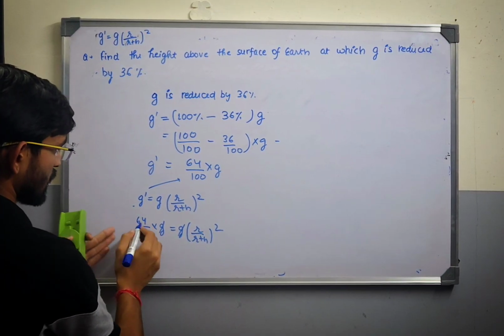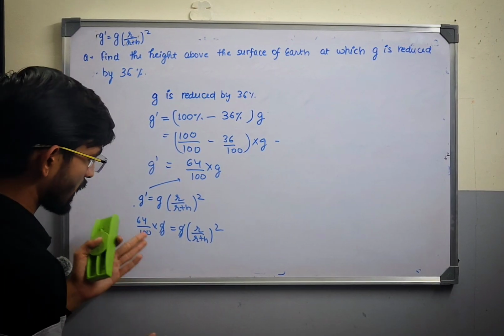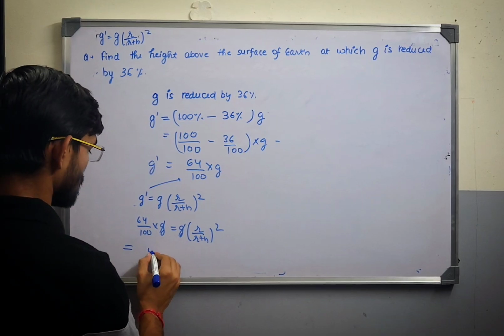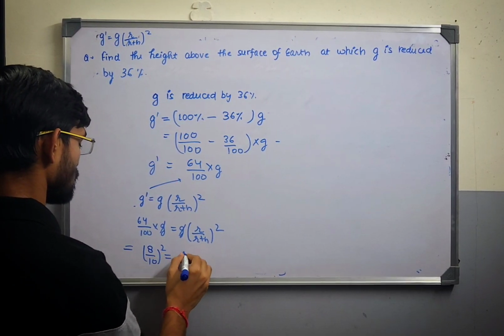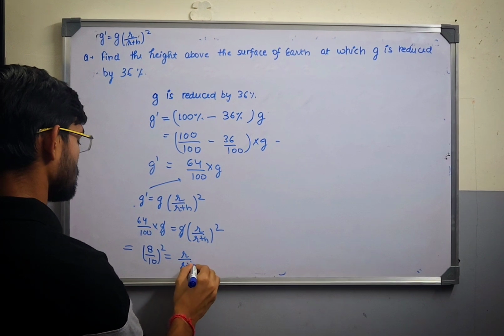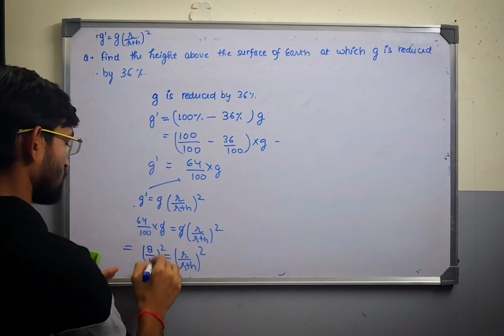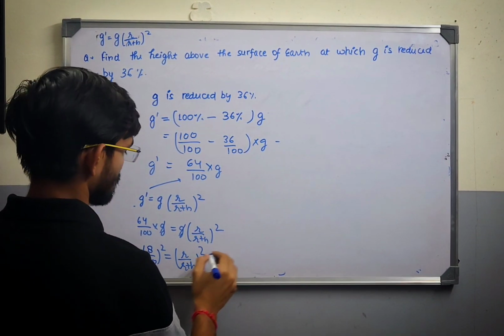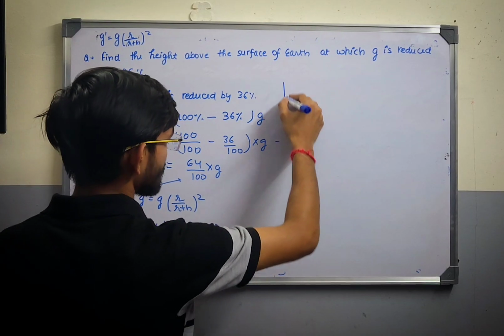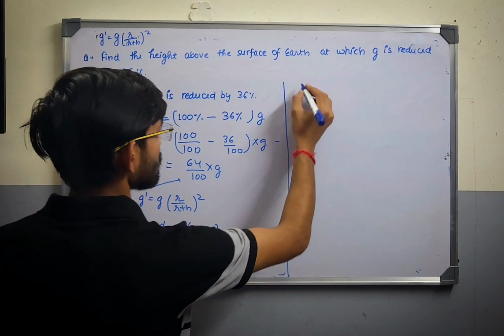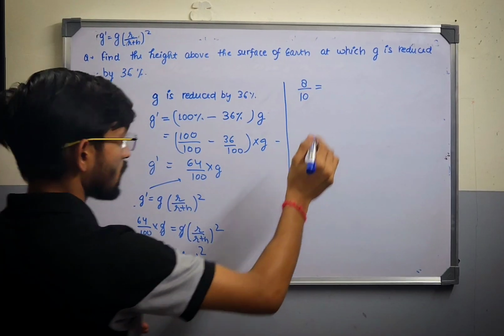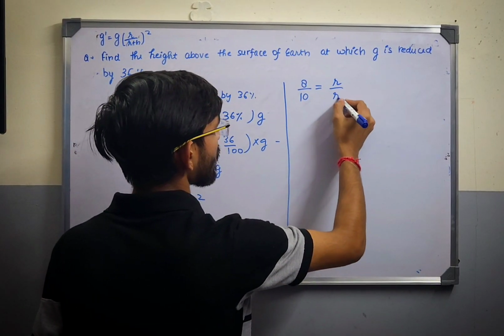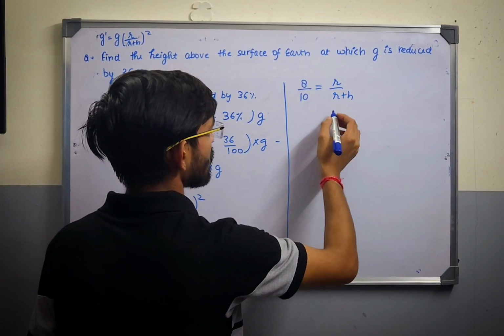I can write 64 as 8 square and 100 as 10 square. So (8/10)² = (R/(R+h))². Take square root on both sides. The squares cancel out, so we are left with 8/10 = R/(R+h).